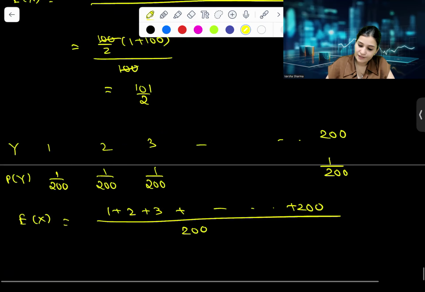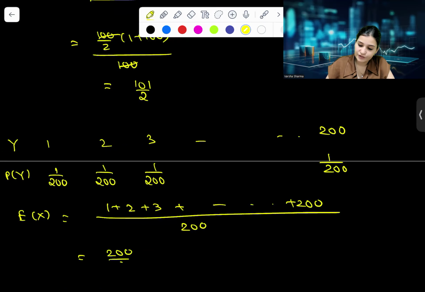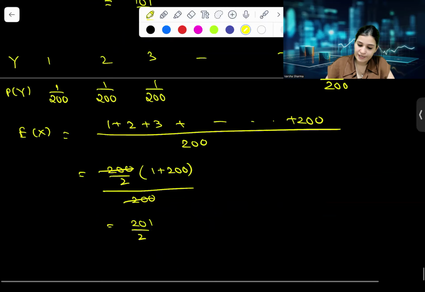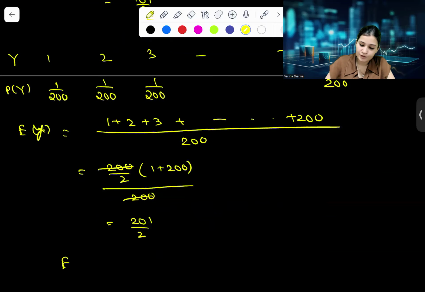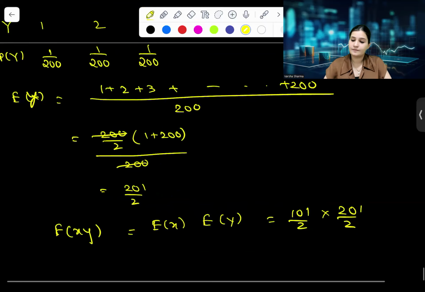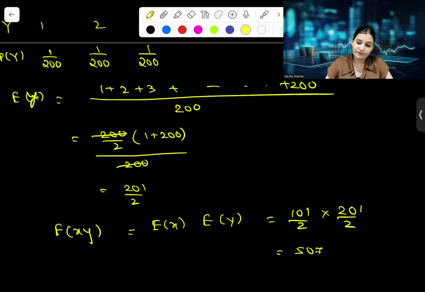So 200 by 2, n by 2 first term plus last term. 200 cancelled, 201 by 2. So expected value of the product would be E of X into E of Y, so 101 by 2 multiplied by 201 by 2, which is 5075.25.